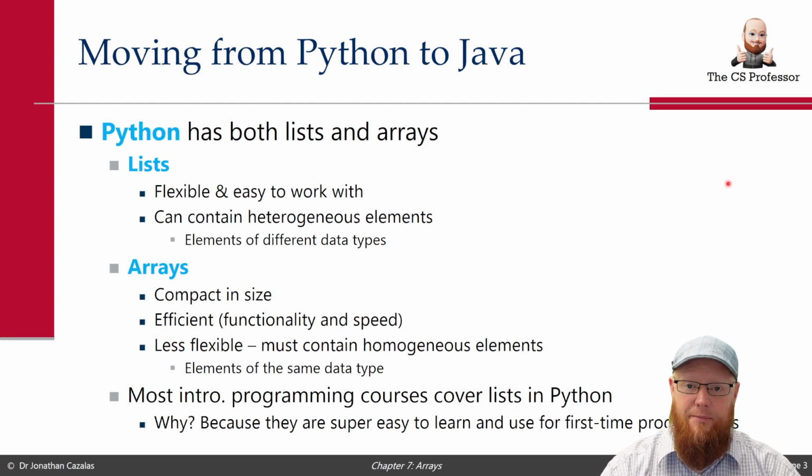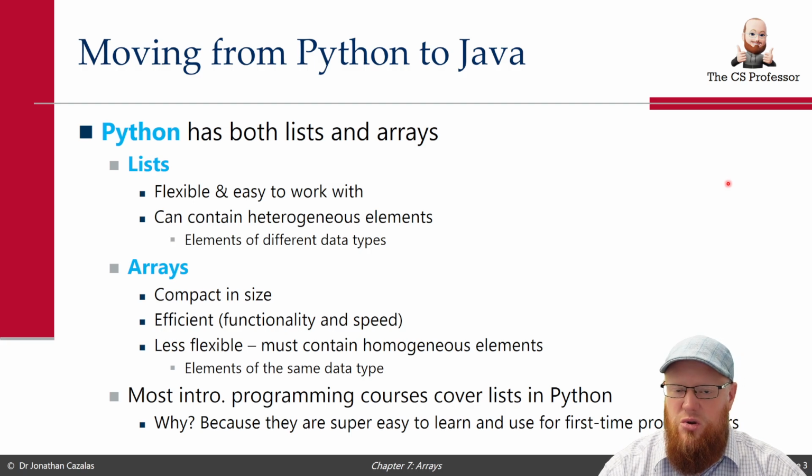Arrays in Python, which do exist, are better in some ways. They're faster, they're more efficient with respect to speed, they're compact in their size, but they're less flexible. They must contain homogeneous elements.